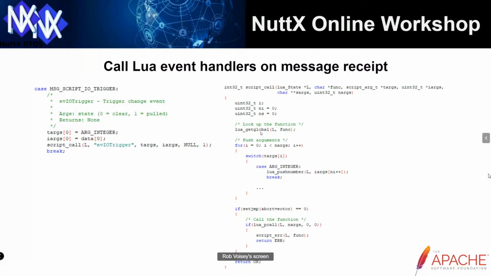The first thing we do is look up the function. Again, there'll be some error handling here, if it does not exist. And then we iterate over all of the arguments and push those onto the stack, just like before. And then finally, we call the function using Lua pcall, same as we use to run the global context.